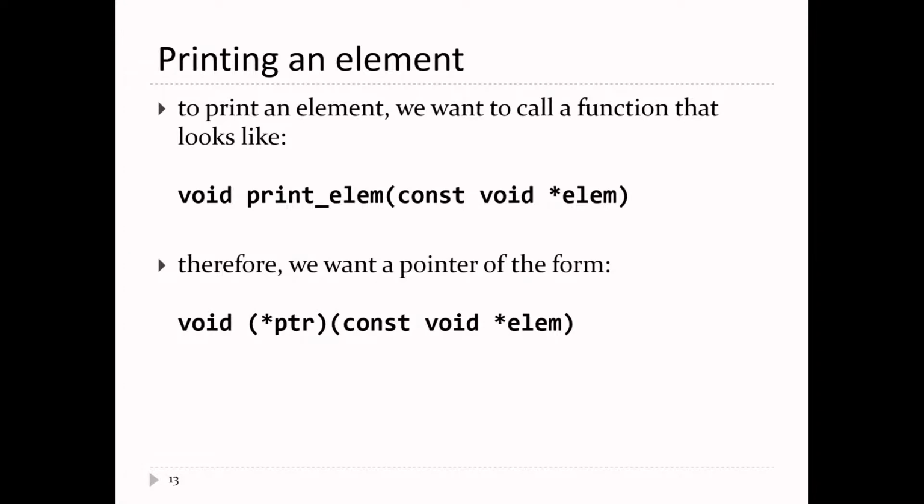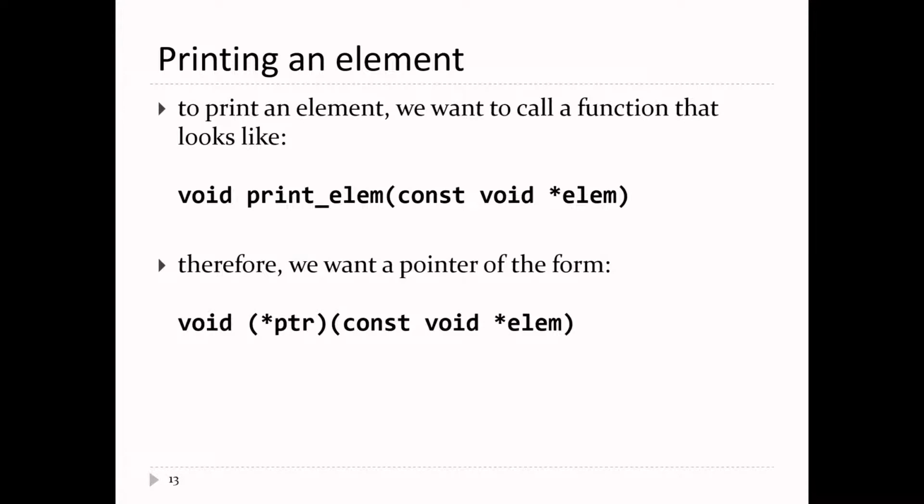So I need to ask the caller for some function that returns void and takes in an element, where the element is pointed at by some void pointer. If I want to, I can ask them for a function that takes in a pointer to a const value, because printing an element shouldn't change the element. So they need to supply the print function some function that can print an element.